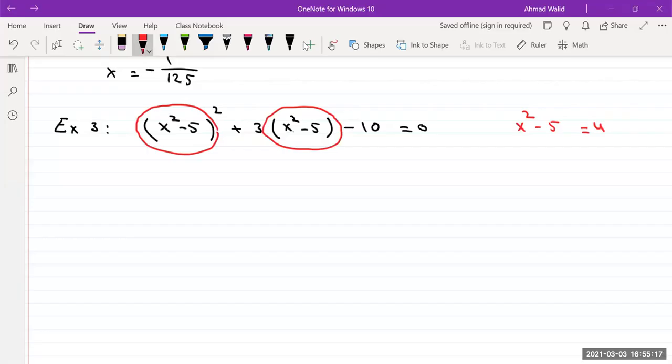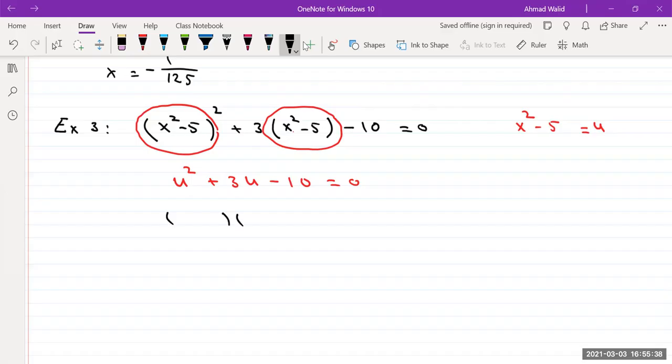If I name this one u, this one immediately becomes what? u squared. Then my equation will be this form: u squared plus 3u minus 10 equals 0. And easily I can solve this equation. It's the easiest one, right?